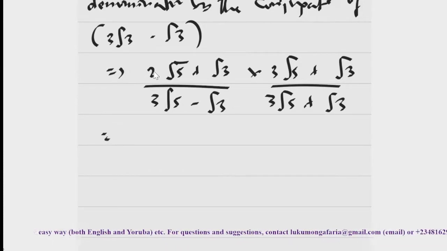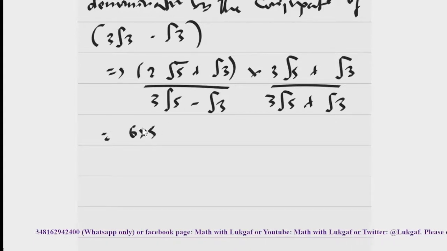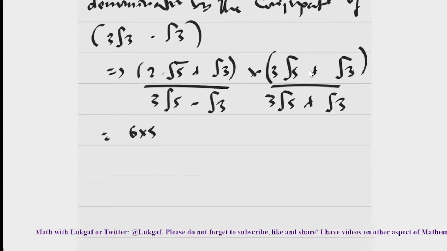So if you simplify further, let us multiply these together. Don't forget, when you are multiplying two surds together, you have to group them number with number, surd with surd. So 2 times 3 gives you 6 times 5. I hope you understand how I obtain 5. Root 5 times root 5 is 5. Then this times this, let me put it in brackets so that you don't make a mistake.